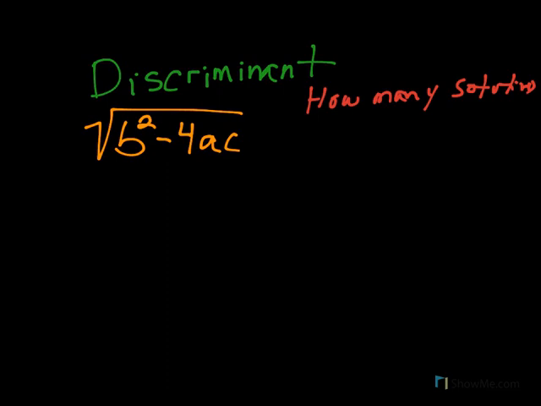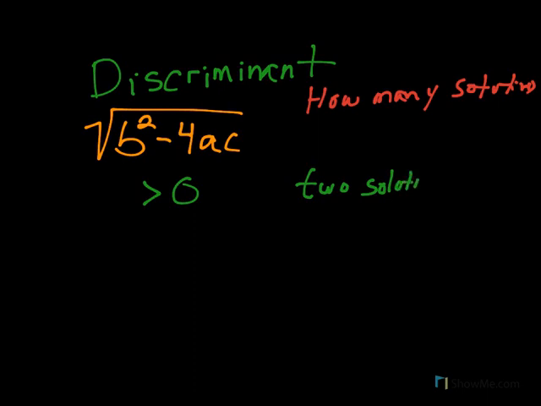If the discriminant is positive, if b squared minus 4ac is positive, and actually the discriminant is just b squared minus 4ac, and it's inside the square root, that's what it is. So if this is greater than 0, it's positive. If that number inside the square root is positive, you will get two solutions.